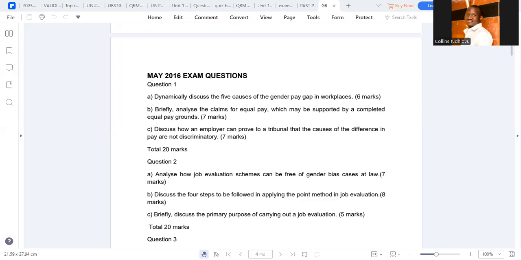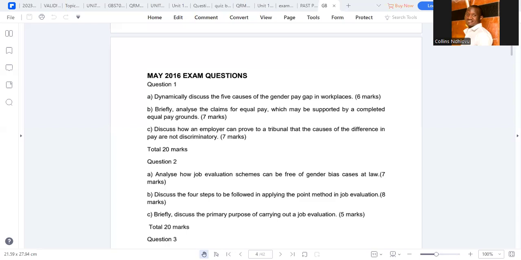Some of the reasons could be occupational segregation. Occupational segregation arises when there's a concentration of men and women that differs in different jobs. So it refers to concentration of men and women in different types of jobs or industries.